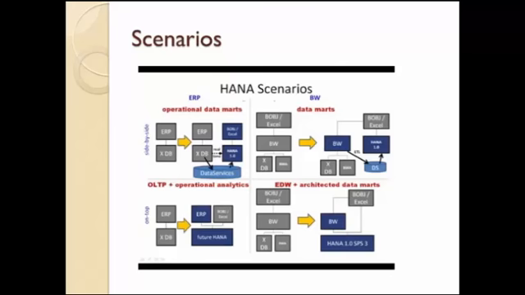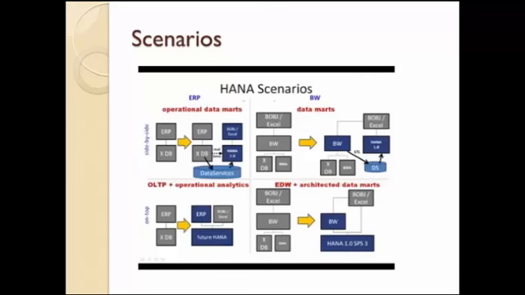And now this ERP system can provide data to a HANA database, as I mentioned earlier, in two different ways. One is through real-time replication or a real-time service, for real-time processing.